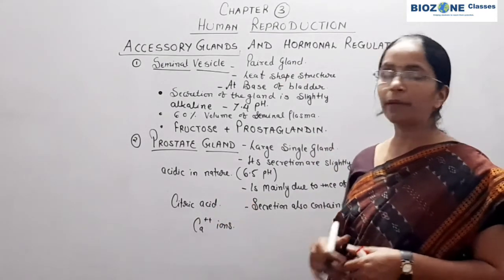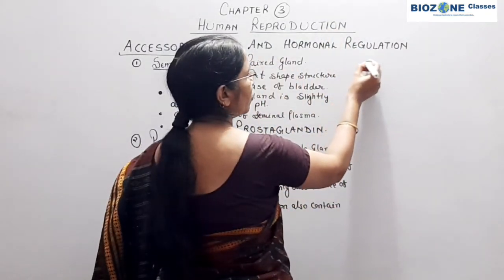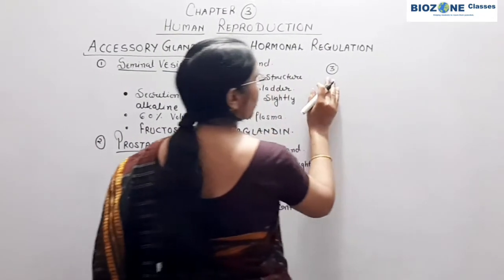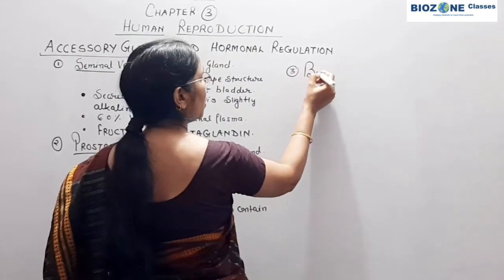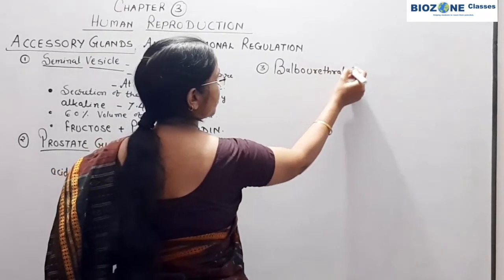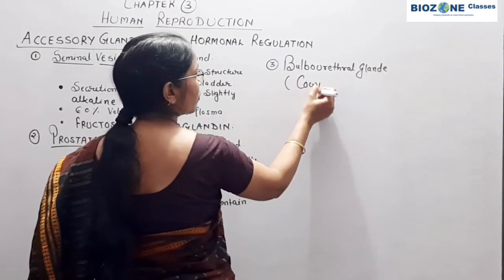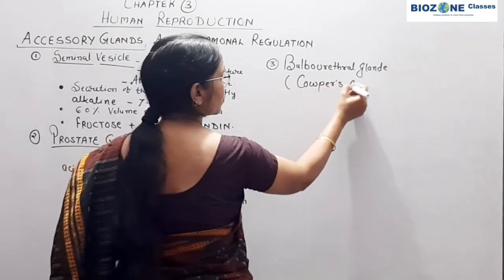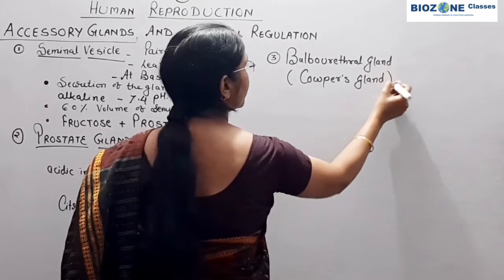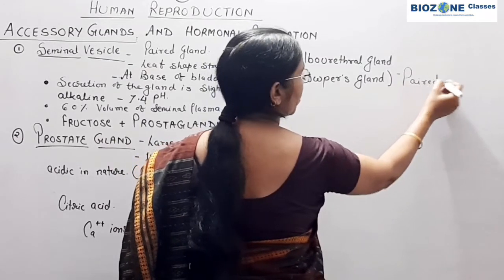So the prostate gland is the second gland, and now we come to the third gland. The third accessory gland of the human male reproductive system is the bulbourethral gland, also called Cowper's gland. Again, this is also a paired gland.